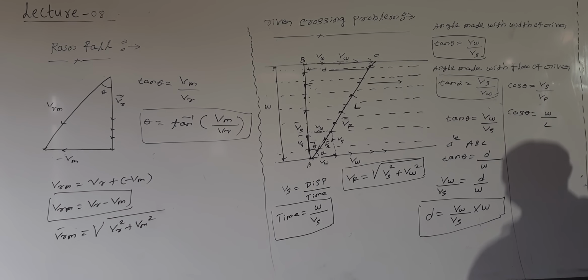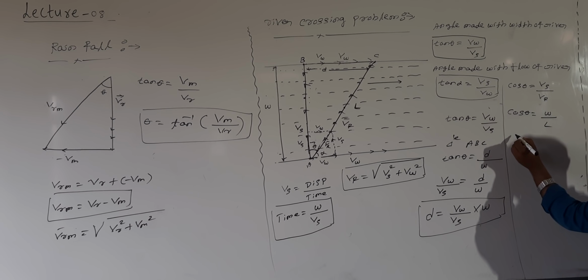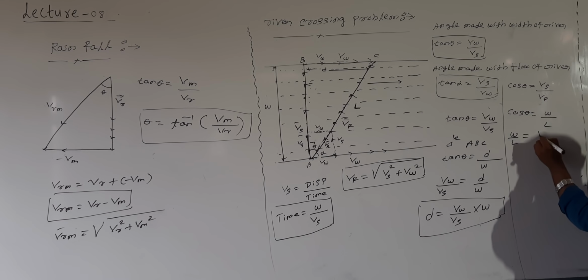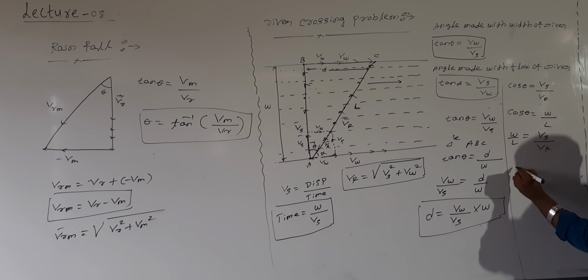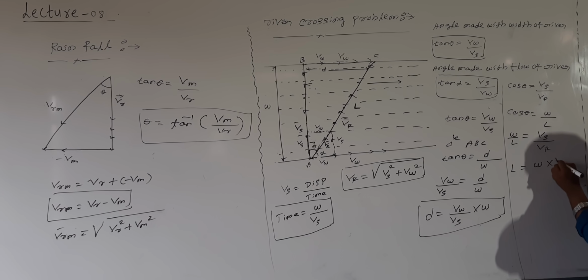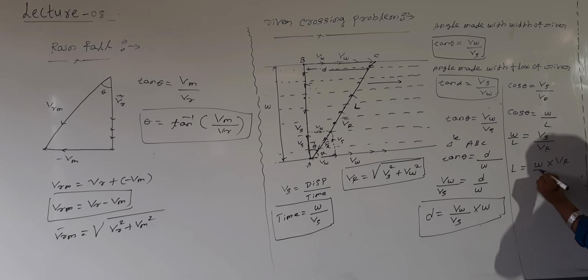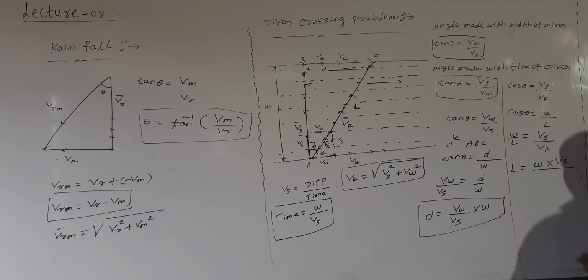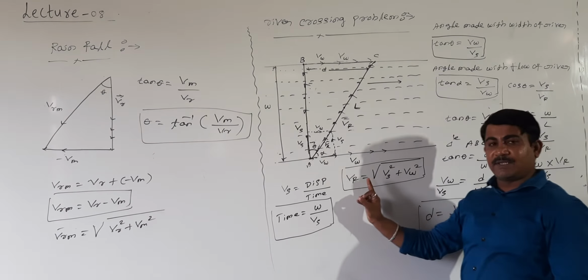Again compare both. If you are comparing both, W divided by L equals Vs divided by Vr. So L equals W into Vr divided by Vs. What is Vr?